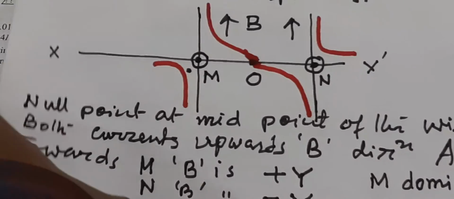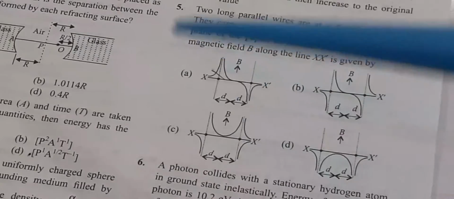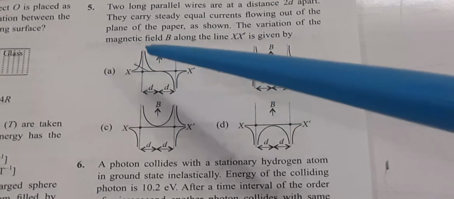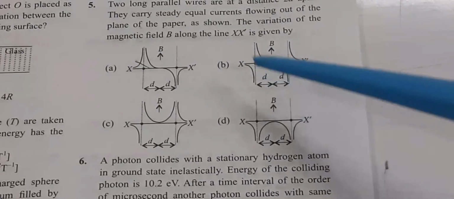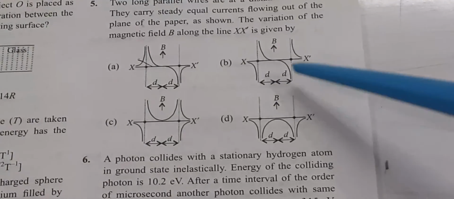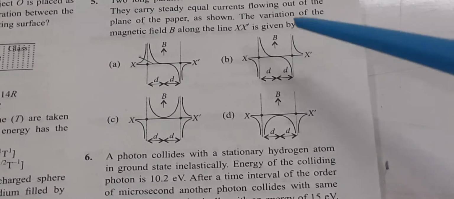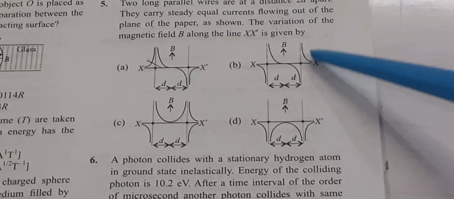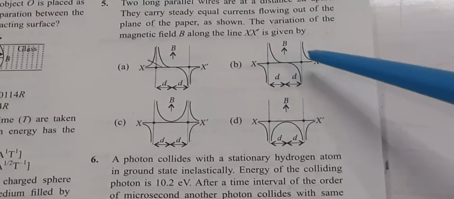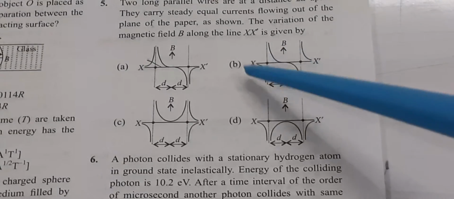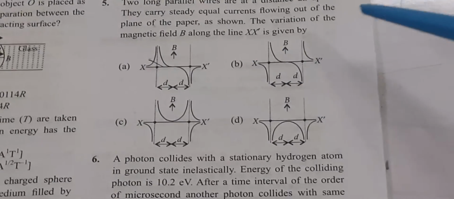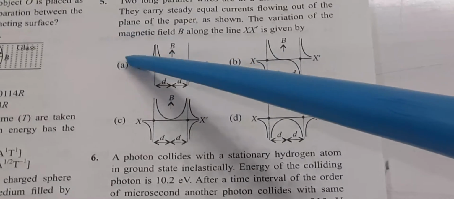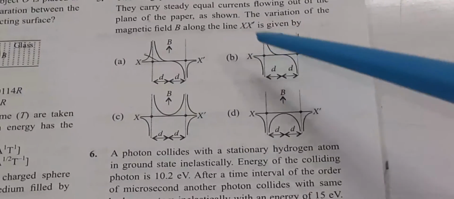In the choices we can see one more diagram given here. This cannot be. Answer will be B. Because the resultant magnetic field has to be in the first quadrant, for the effect of both will be first quadrant here, and here it will be third quadrant. That is the difference between these two. You can see this one is given in the fourth quadrant and this in the second quadrant. That is not possible. This is the answer.